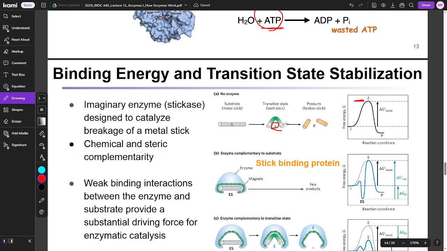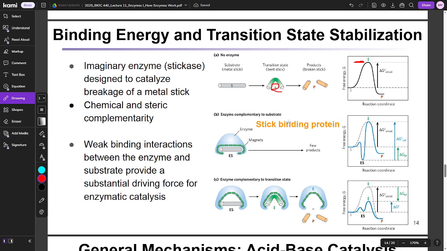Now, if I take a compressor and I stick the stick under the compressor and smash it, like this enzyme, it makes it a lot easier to bend and break the stick. Initially we'll have no products because all the enzyme will just suck up the stick and none of it will turn to product.